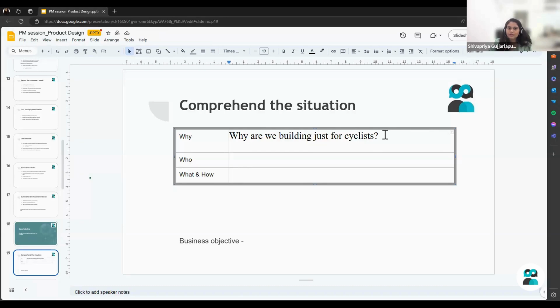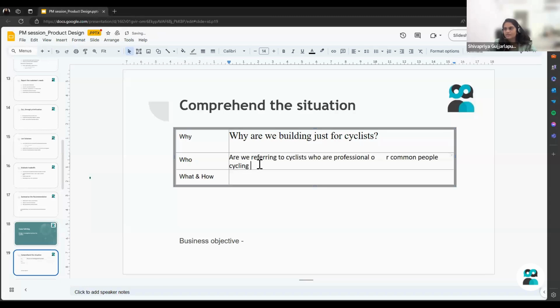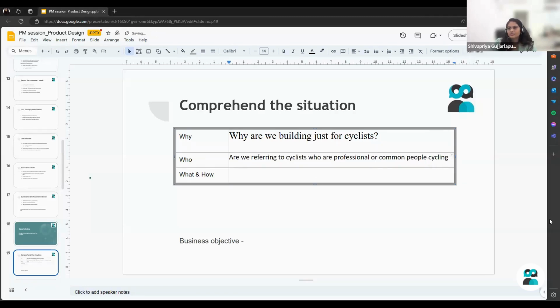And so you also brought in the element of what already exists and why is it a problem at all. Are we referring to cyclists who are professionals or common? So you're talking about who you want a more answer on. So this is a good question too. Who are we building for and who are we? Both fall into this. And that's a good question too.